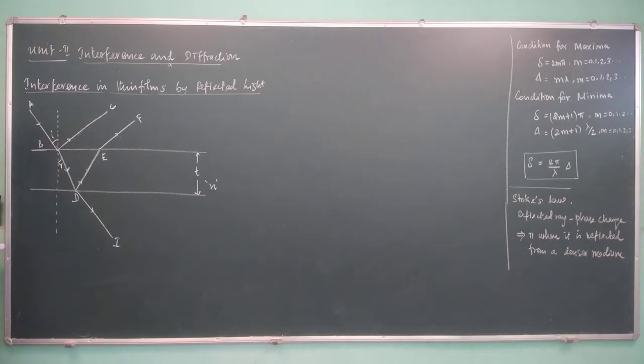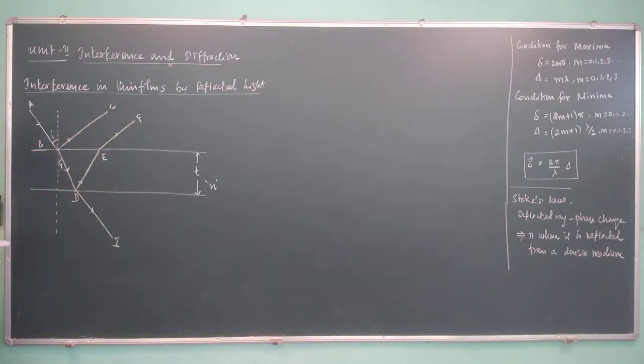Now let us calculate the path difference between BC. So this is the incoming light ray and this is one reflecting light ray, this is another reflecting light ray, and we have to calculate the path difference between these two reflecting rays, that is the reflecting ray BC and BDEF.